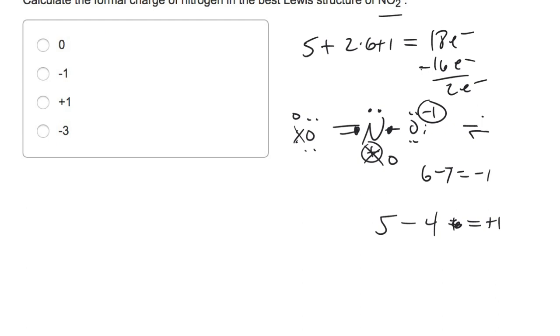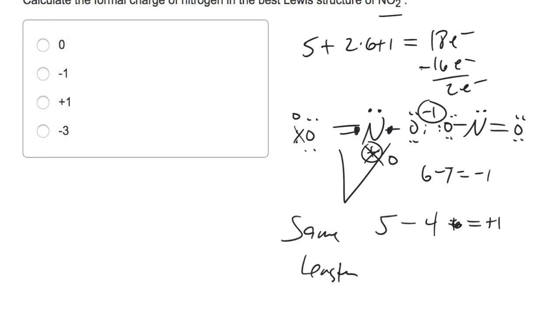I don't know if we need those arrows, but the double bond can resonate over to here, making the 2 double bonds equal in bond length. So the nitrogen-oxygen bond lengths here are the same length. And remember, the molecule is never A, it's never B. It's not like a back and forth.